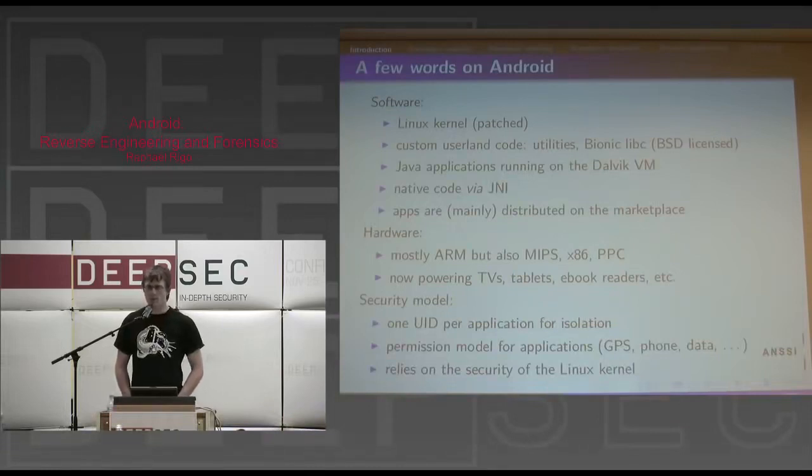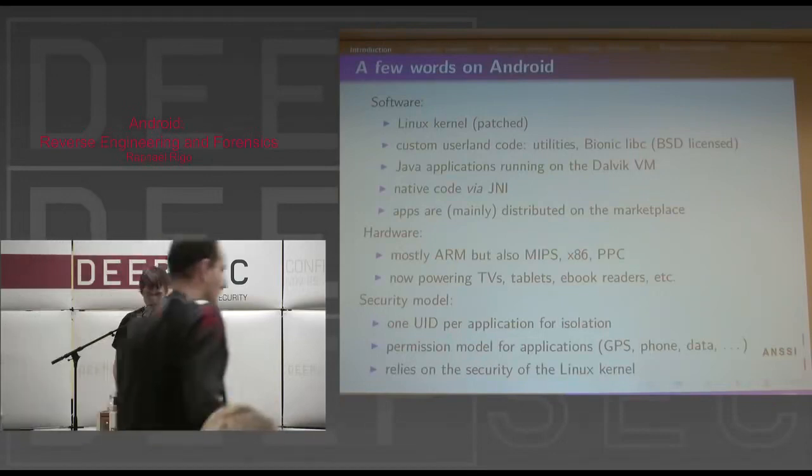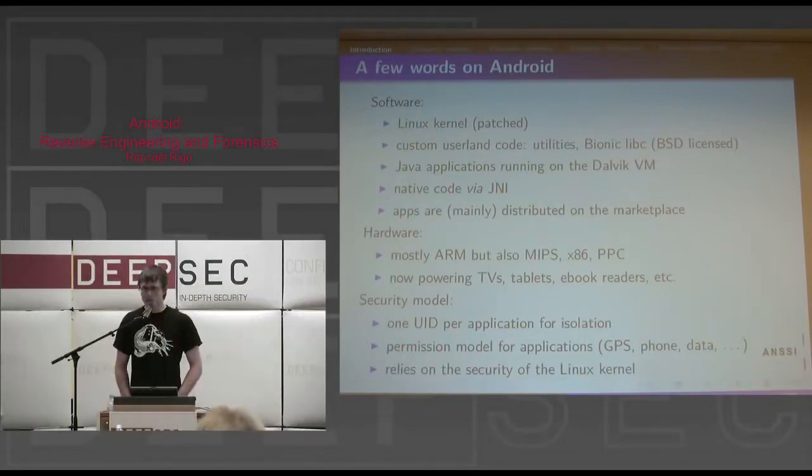But what's really specific about Android is the userland code, because the utilities, the binaries, the libc are completely different from your usual Linux system. Instead of GNU utilities, you have custom ones, and you get the bionic libc, which is not the GNU libc. So it makes some pretty big differences.